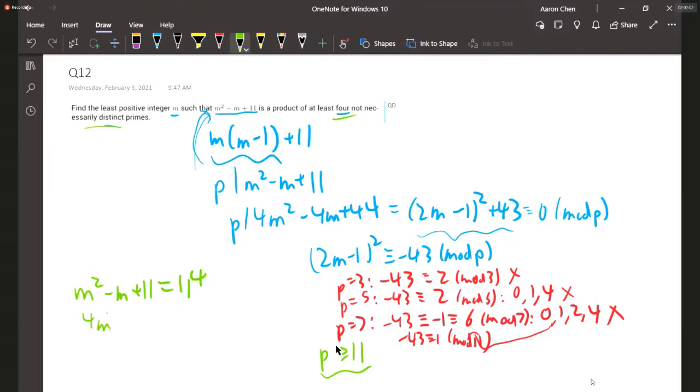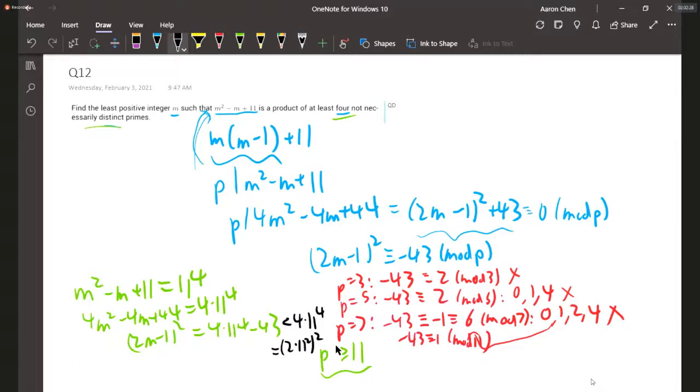And so in this case, we have that 4m squared minus 4m plus 44 is equal to 4 times 11 to the 4th, or (2m minus 1) squared equals 4 times 11 to the 4th minus 43. Clearly this is less than 4 times 11 to the 4th, which is also equal to (2 times 11 squared) squared.